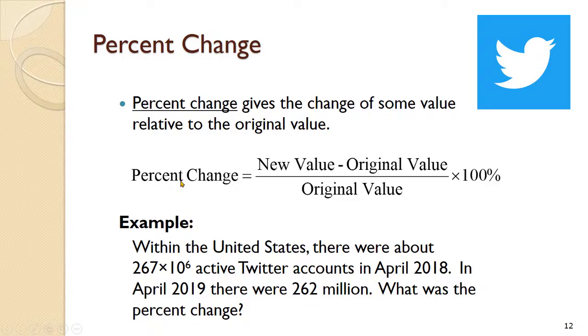Well, percent change is simply the change in value, in other words, the new value minus the original, divided by the original value. Percent changes in general, if they're positive, it means that our change is increasing. And if it's negative, it means that our change is decreasing. So let's solve this. If we strictly use the formula, that's pretty easy. We can plug in these values.